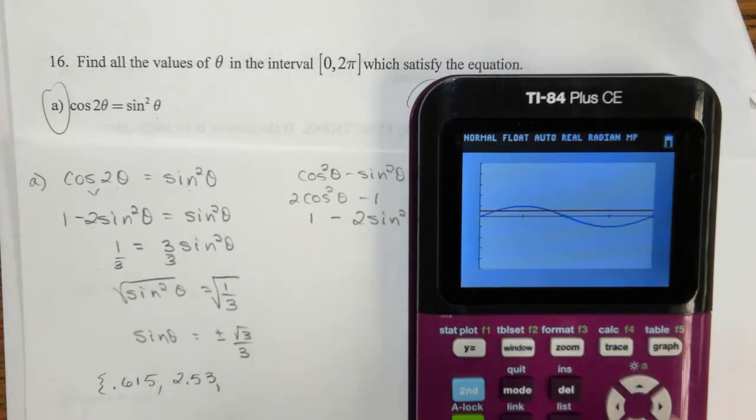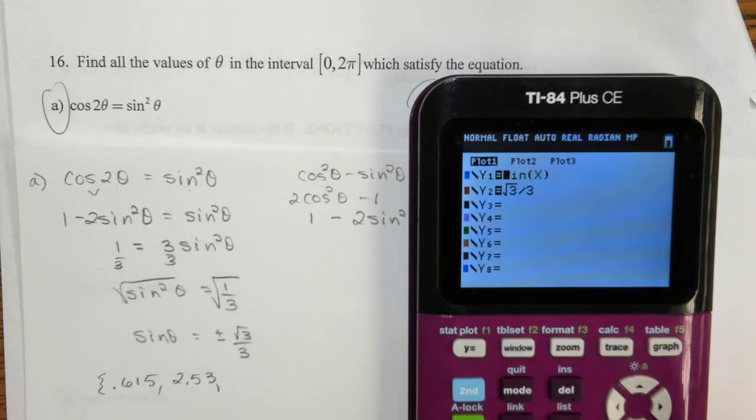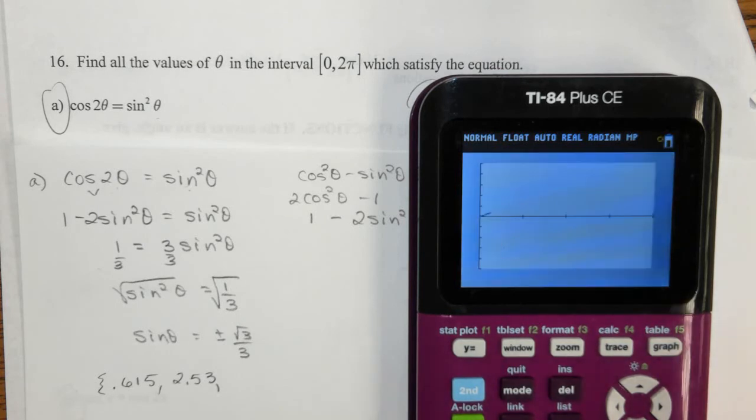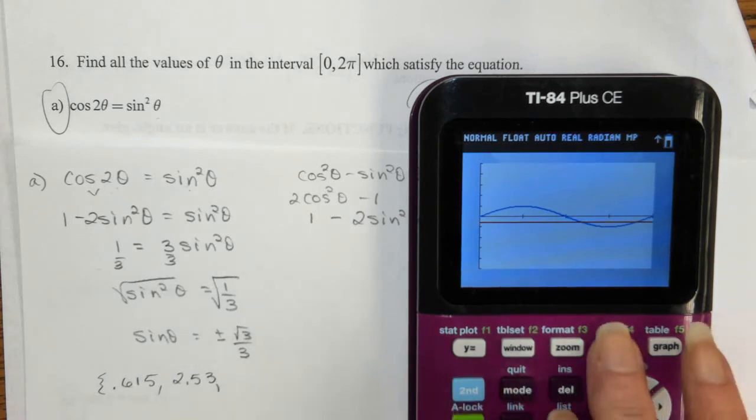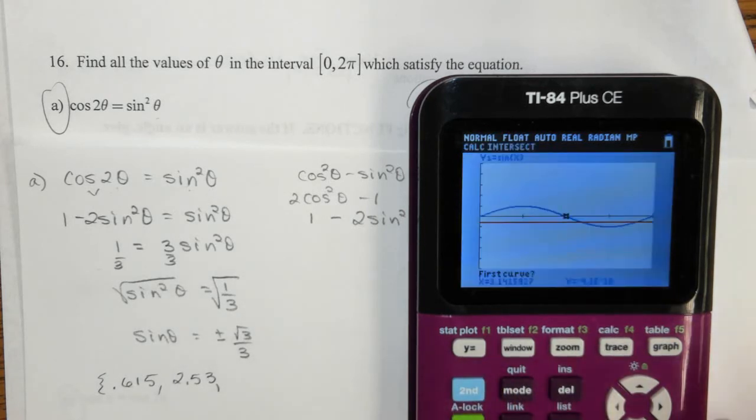And our third answer, now for the third answer, we've got to go back to our graph. We've got to go back into y equals, and we've got to change that root 3 over 3 to a negative root 3 over 3 to get the next two solutions. And then into our calculate menu, number 5.